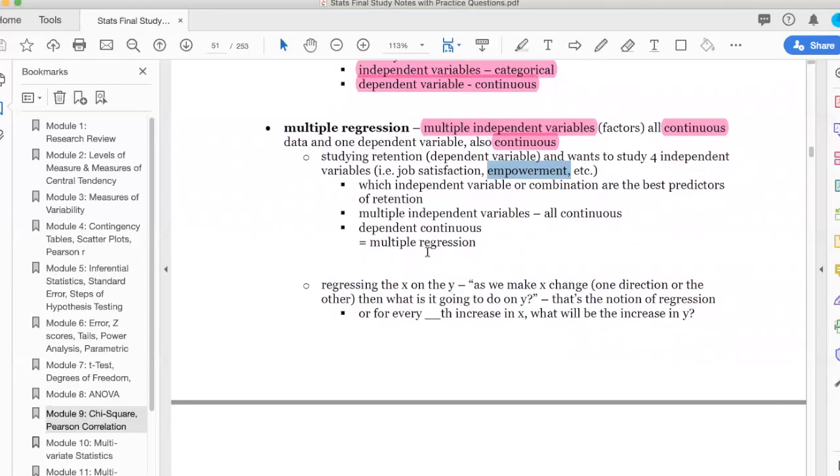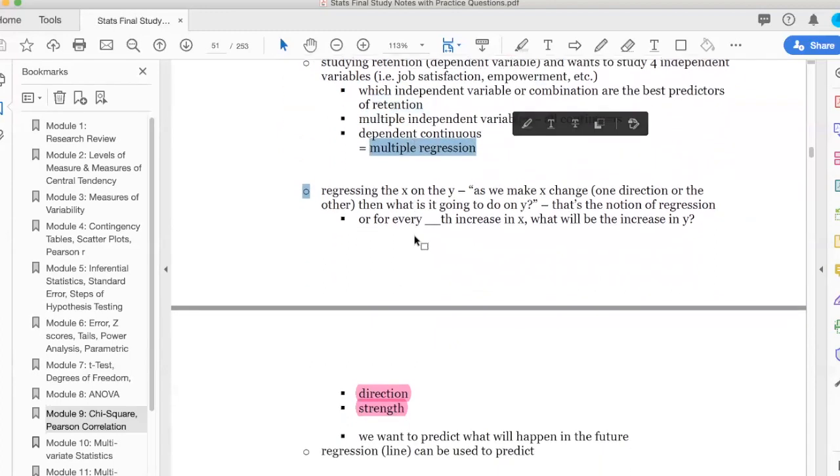We want to know which of these independent variables, or combination of independent variables, are the best predictors of retention. Which one of these independent variables affects the dependent variable, the retention, the most, right? So when you have multiple independent variables that are all continuous, you can do this multiple regression, okay?